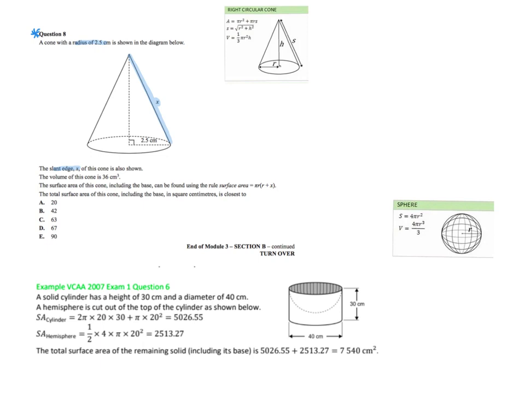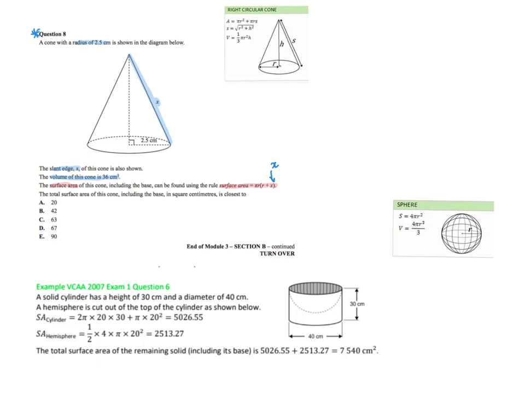And they've said the whole thing has a volume of 36 centimeters cubed. Now, they said the surface area of this cone can be found using this rule. So you can see here x is in the rule. So to find the total surface area of this cone, we're going to have to find x first, okay? Because we don't have that.